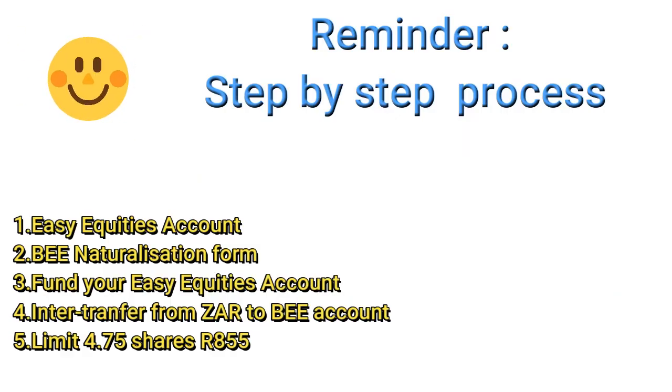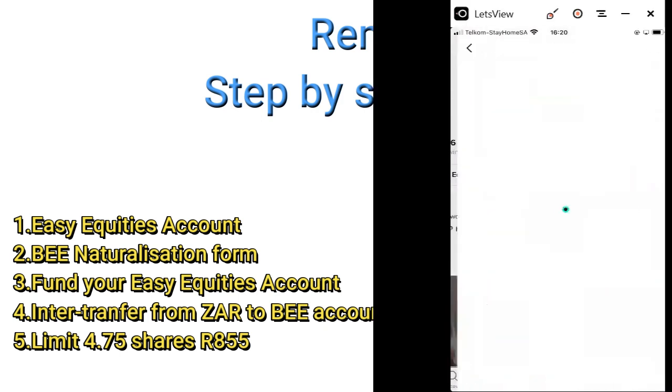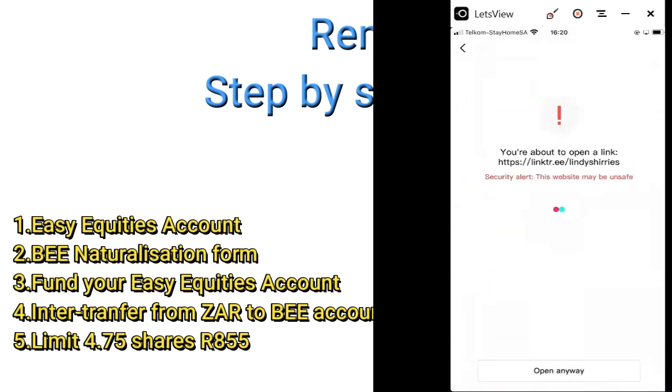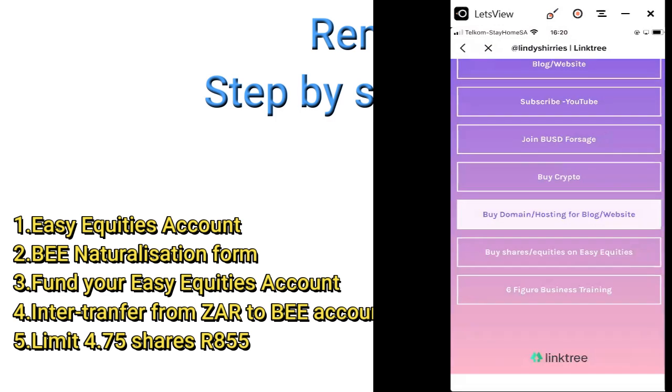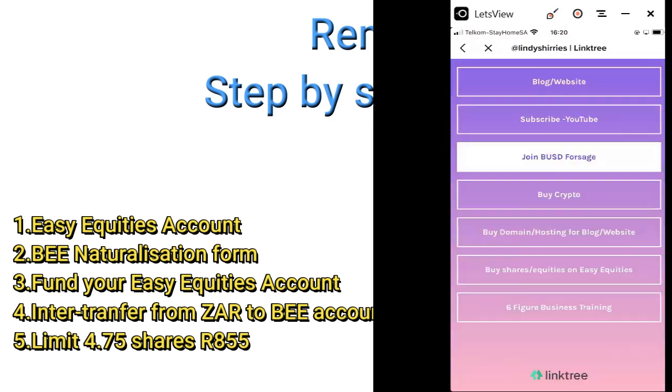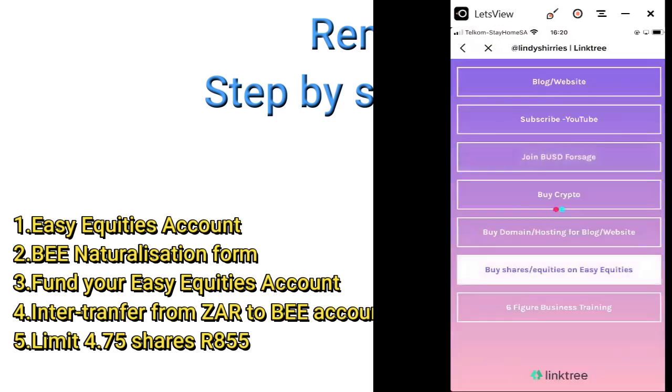Now for those who do not know or do not have a clue on where to start. You need to create an Easy Equity account. I'll put the link in the video description. If you're watching from TikTok, I'll also put the link in my Linktree. The second thing is the BEE neutralization form.